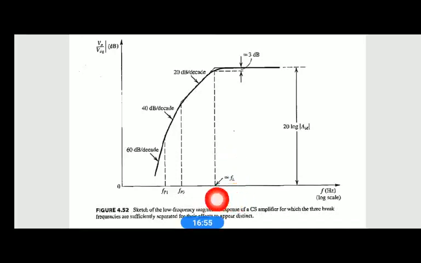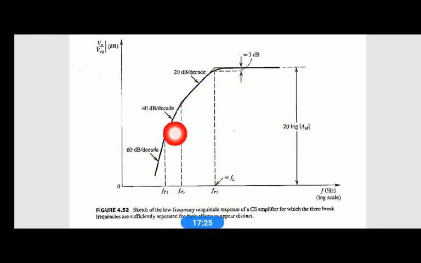So that frequency we consider as the lower cutoff frequency FL, whereas FP1 and FP3 are usually 10 times or more than 10 times lesser than FP2. The diagram clearly shows that below FP2 the decrease in gain is 20 dB per decade.